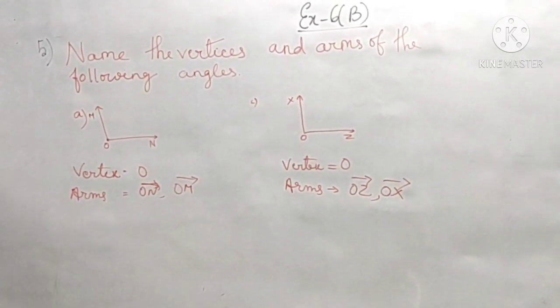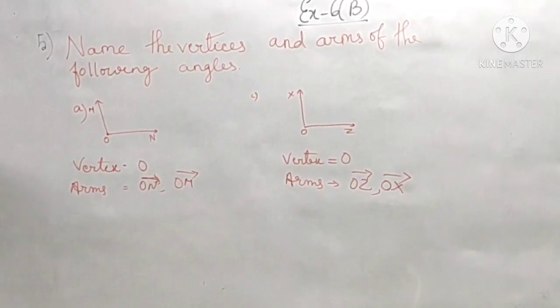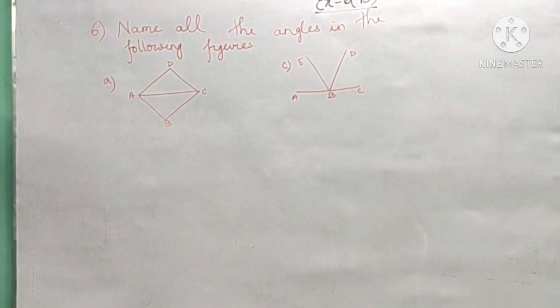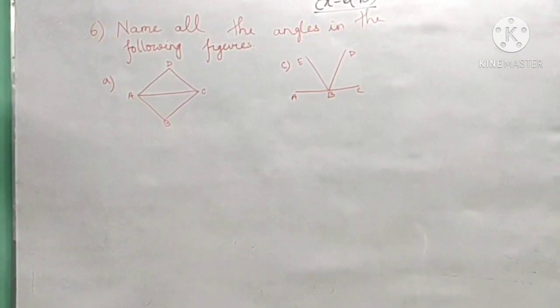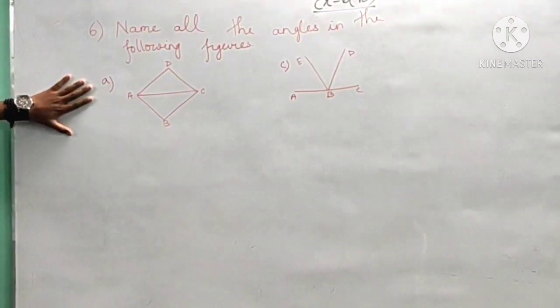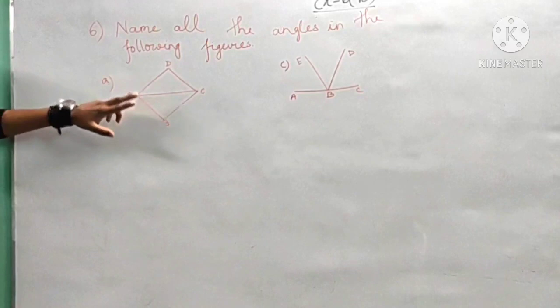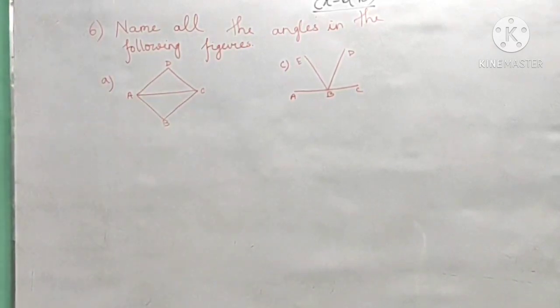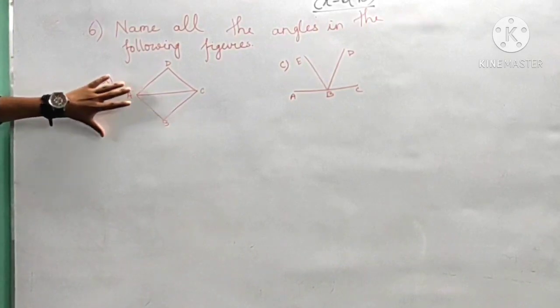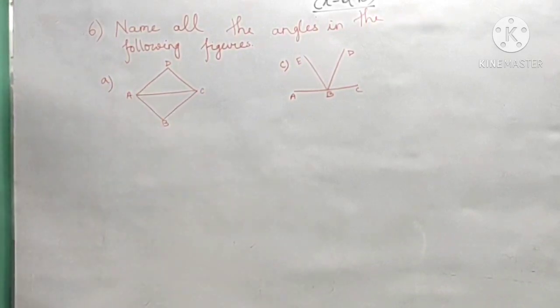Now we are going to do the last question of this exercise, question number 6. In question number 6, we have to name all the angles in the following figures. I have chosen number A and number C. One more question was there, number B, that you will try by yourself. Starting from number A, we have to name all the angles formed here. You are thinking that it is a little complex, but don't think that this is a very complex diagram.